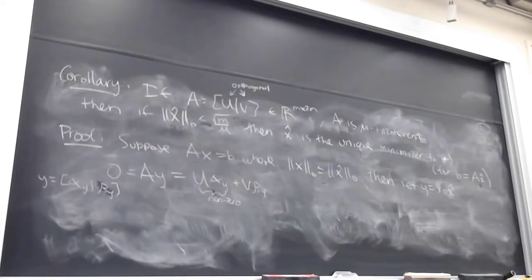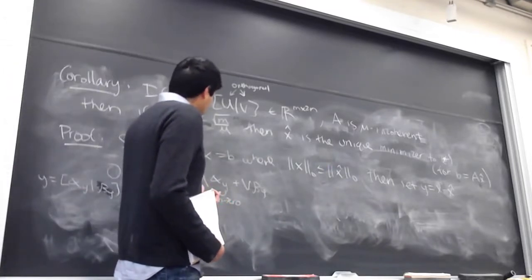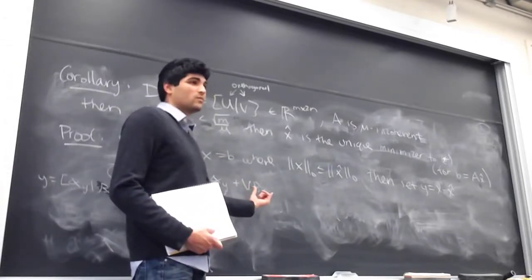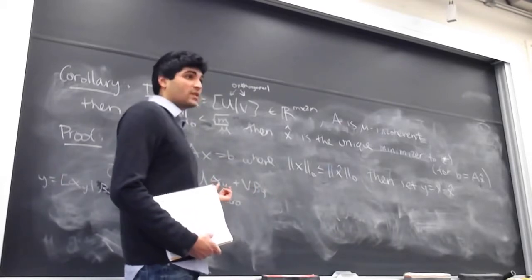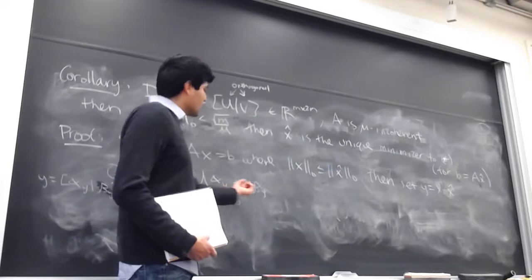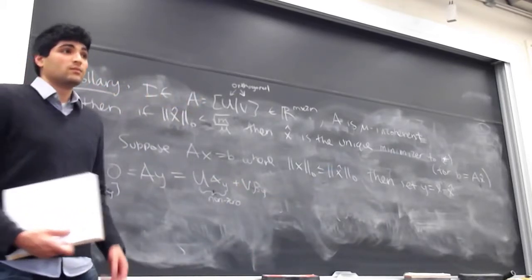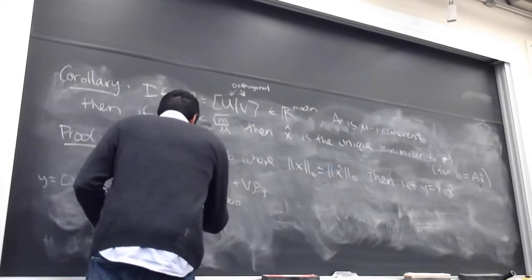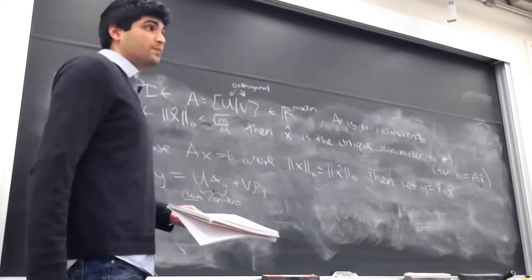If this were 0, well, then this has to be 0 too, right? And then because these are orthogonal representations, we would know that actually the representations themselves are both 0 too. So that's the claim, that this vector itself is non-zero.